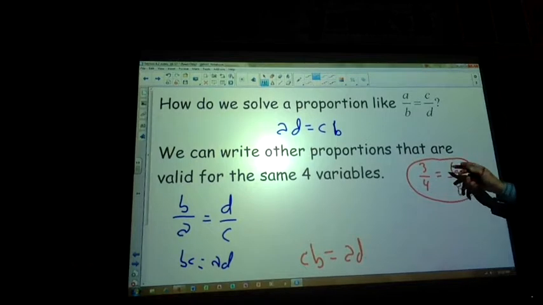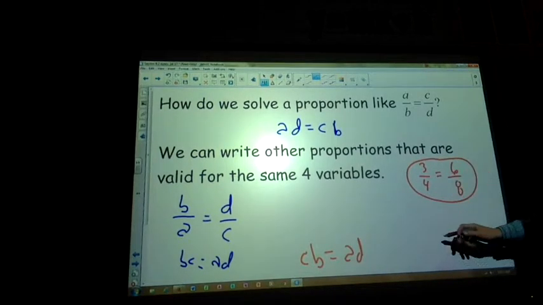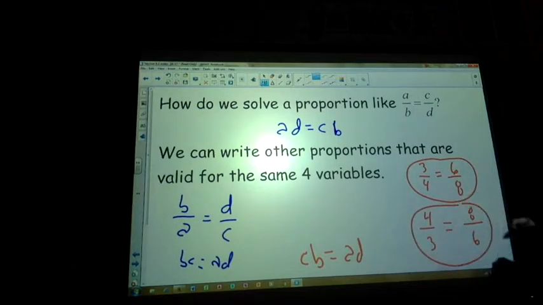So these are equivalent. What else can I do to make it equivalent? Flip them, okay? That'll work. Don't move just this one over. Meaning don't go 6 over 8 equals 3 over 4. That's not equivalent.